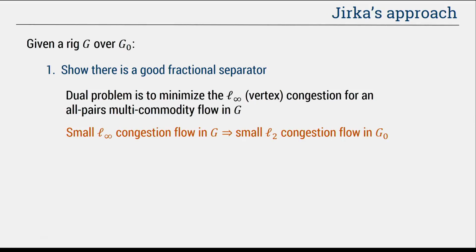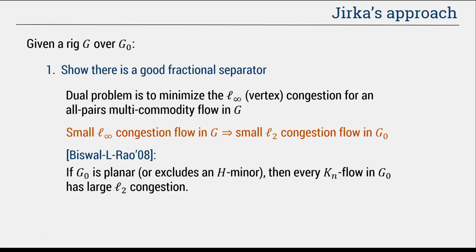So here's the argument. If you have a small congestion flow in G, this gives you a flow, this is what Matoušek did, in the base graph, not with small congestion, but with small L2 congestion, which is not defined, but you can imagine what it means. You sum over all the vertices the squared congestions.